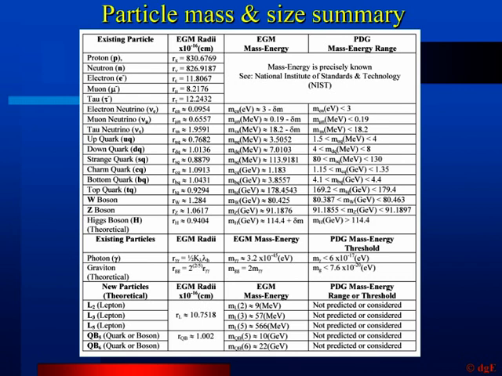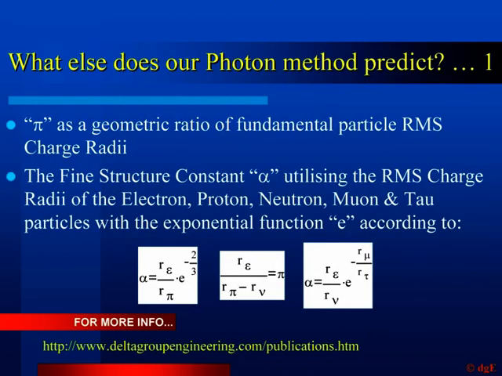However, utilizing EGM we may predict, fairly precisely, the expected mass energy for each of the proposed theoretical particles. As can be seen, we would expect a particle to exist at 9 megaelectronvolts, 57 megaelectronvolts, 566 megaelectronvolts, 10 gigaelectronvolts and 22 gigaelectronvolts. What else does our photon method predict?